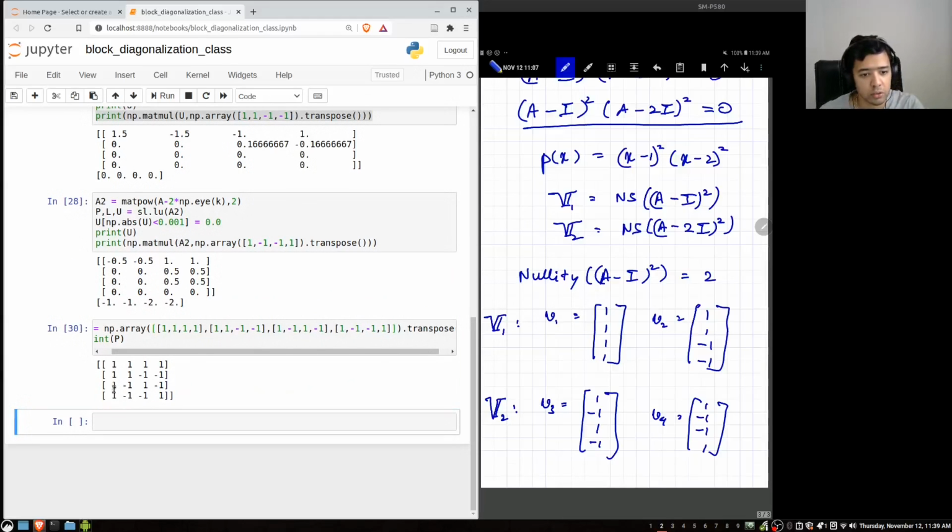Okay, now it's 1 1 1 1, which is v1, 1 1 minus 1 minus 1, which is v2, 1 minus 1 1 minus 1, which is v3, and 1 minus 1 minus 1 1, which is v4.